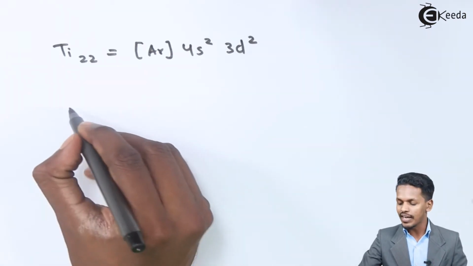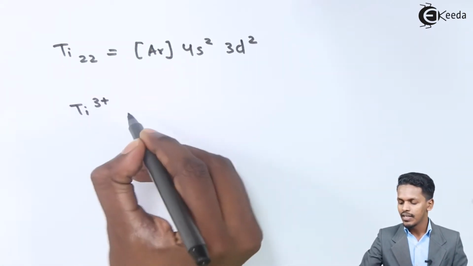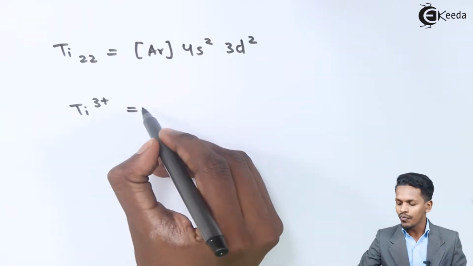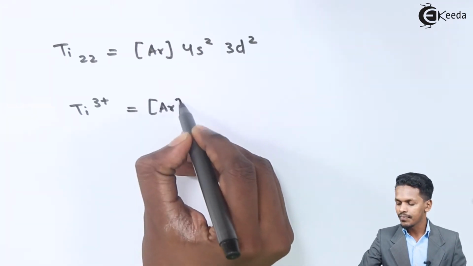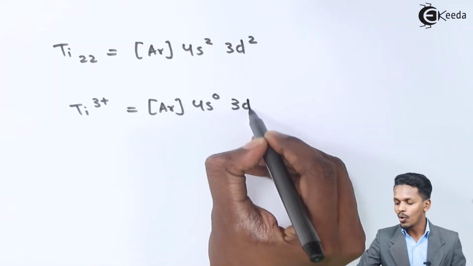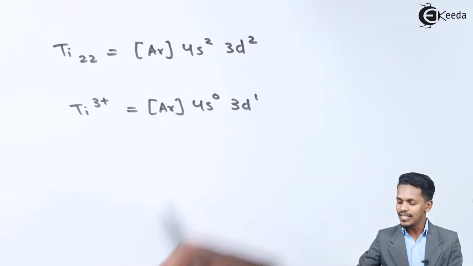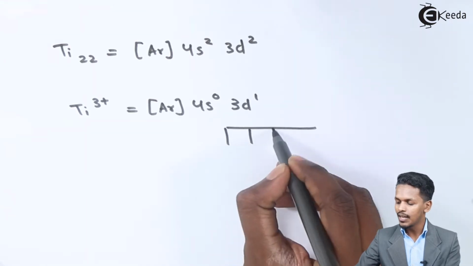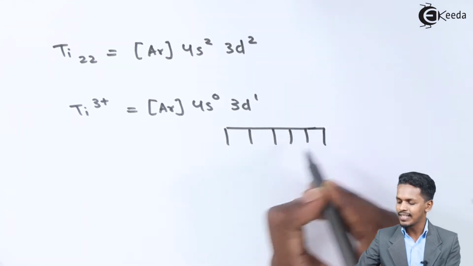If I'm talking about the Titanium 3+ ion, the electronic configuration would be argon 4s0 3d1.